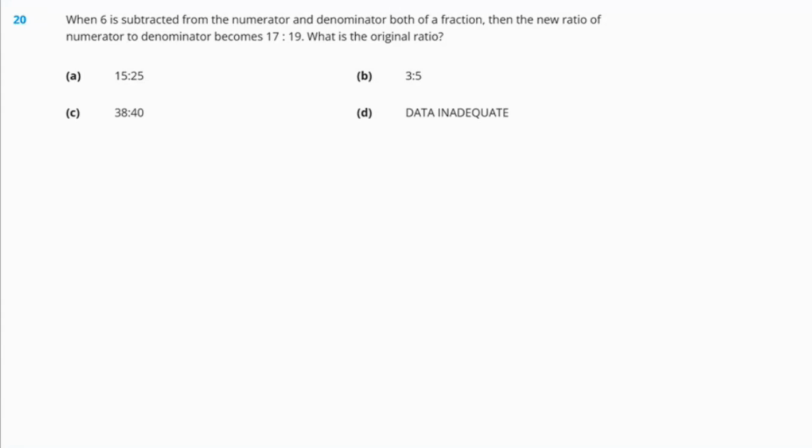If we take the fraction as x by y, the numerator is x and the denominator is y. According to the question, we subtract 6 from both, and after that the fraction becomes 17/19. Solving further, we get 19 times (x minus 6) equals 17 times (y minus 6).